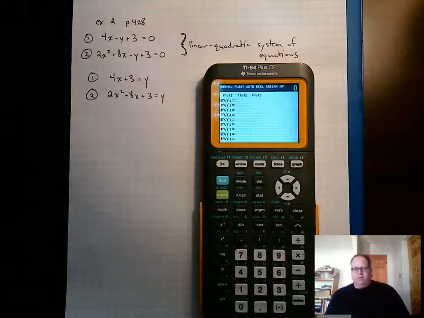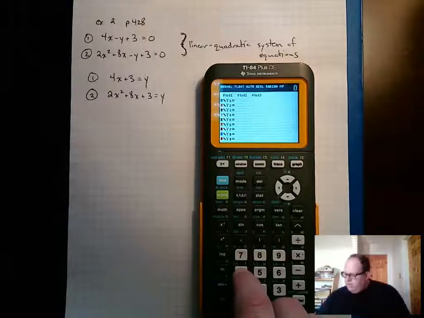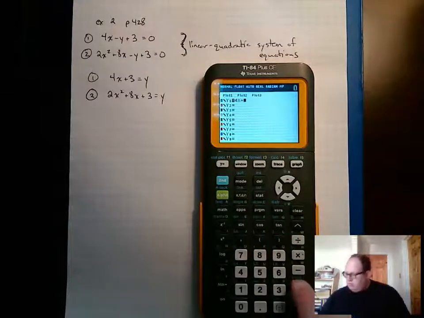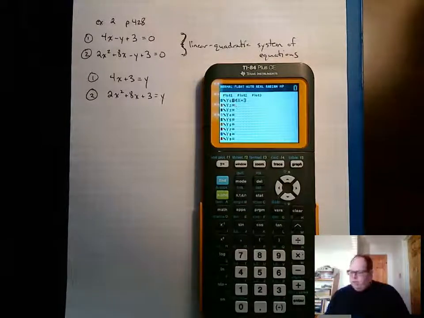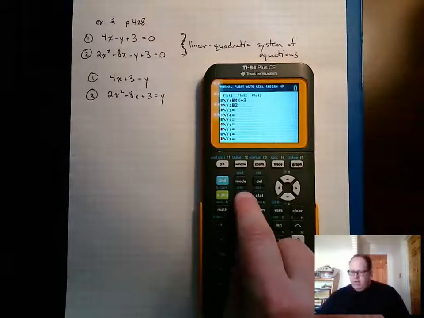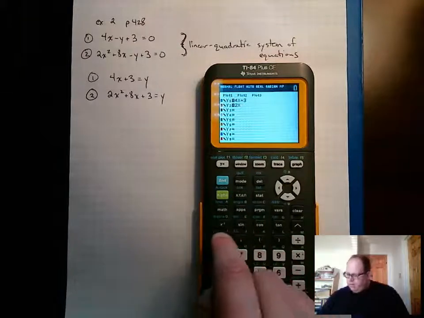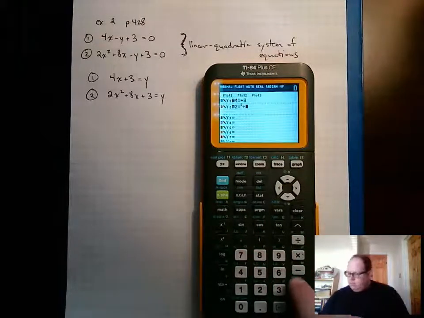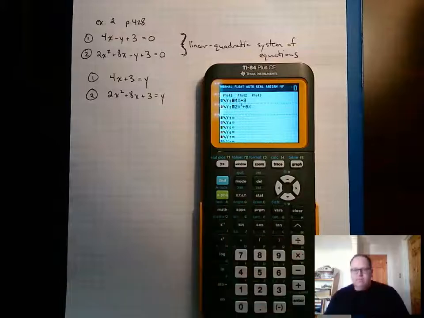I'll get rid of the old graph that's there. And I'll make my first equation 4x plus 3, and my second equation 2x squared plus 8x plus 3. So we've got the two equations in.